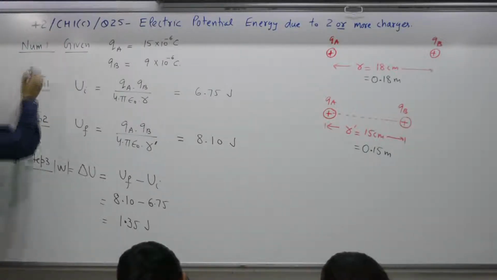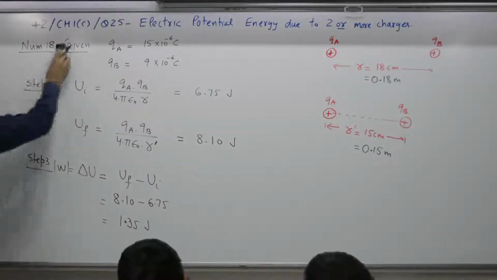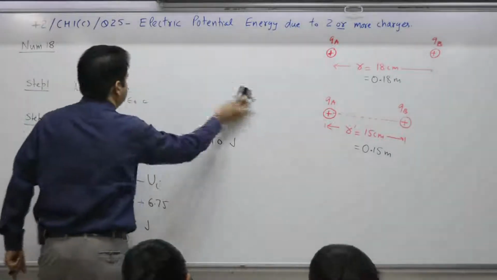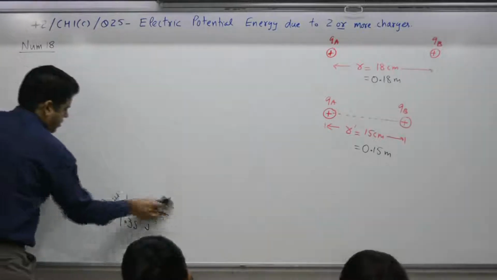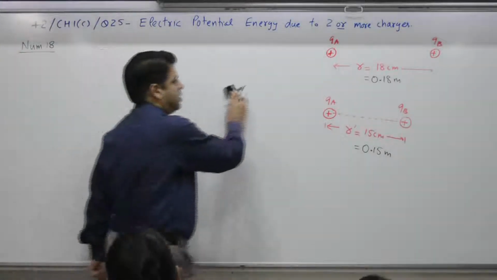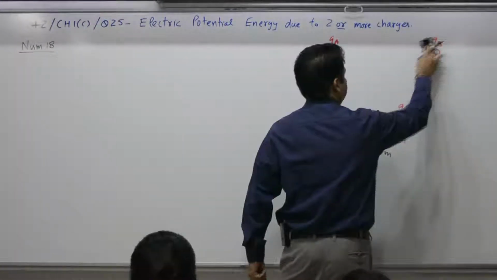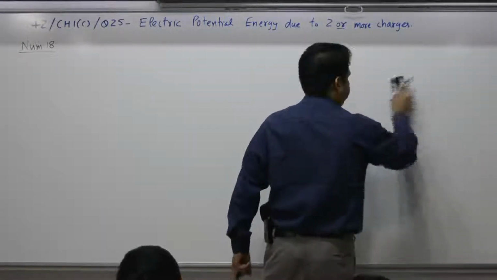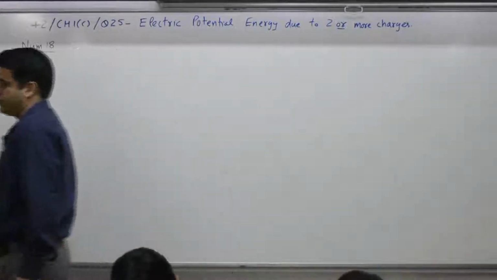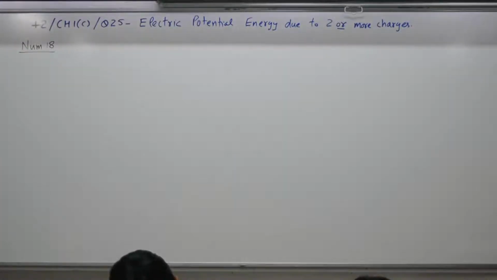Numerical number 18. Question is: 3 point charges of 1 coulomb, 2 coulomb, 3 coulomb are placed at the corners of an equilateral triangle of side 100 centimeter.